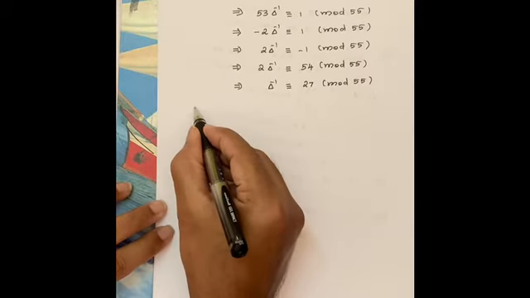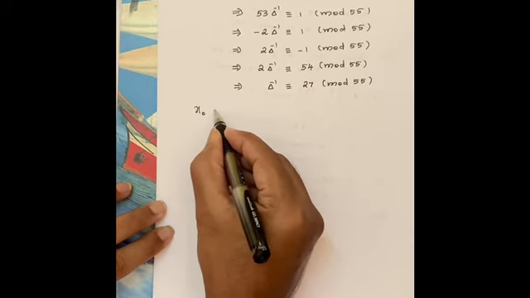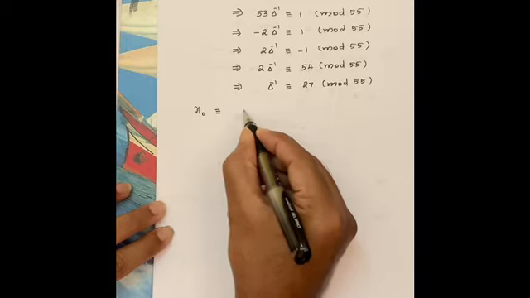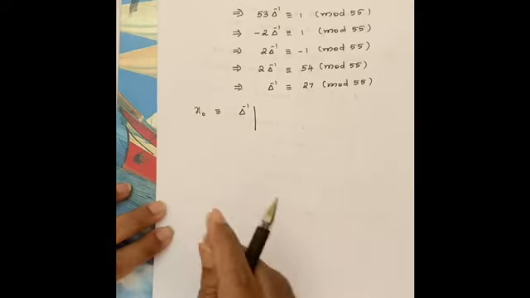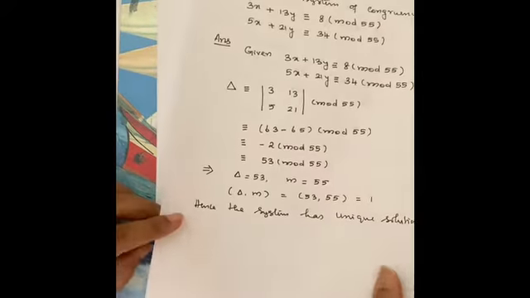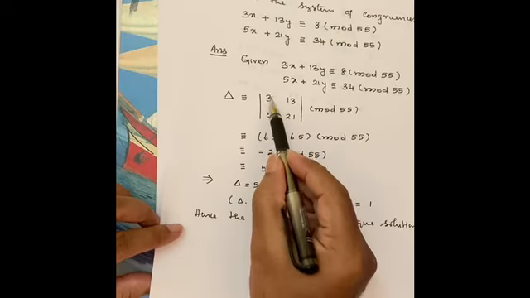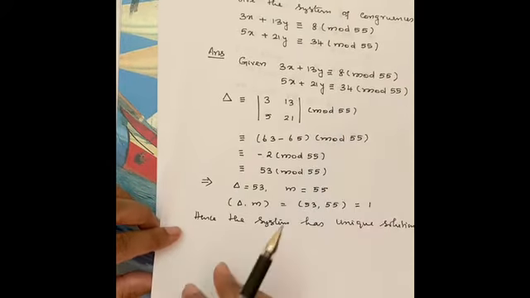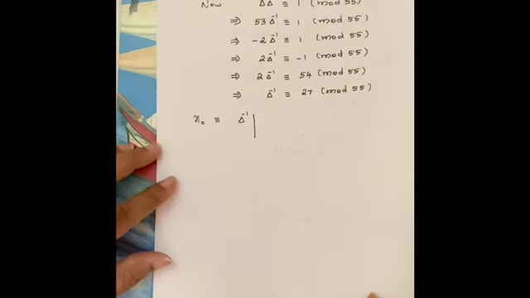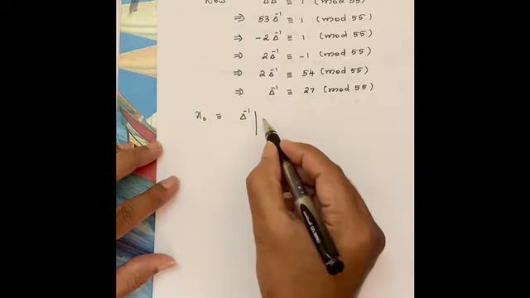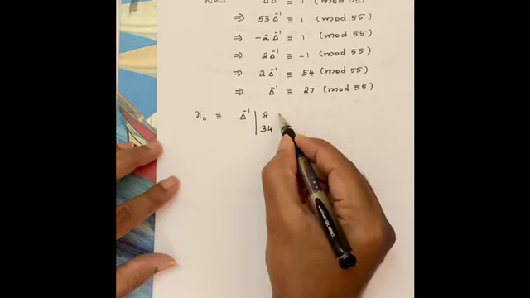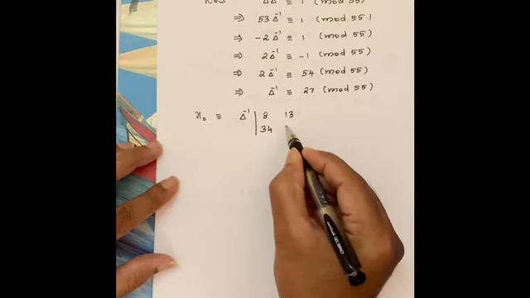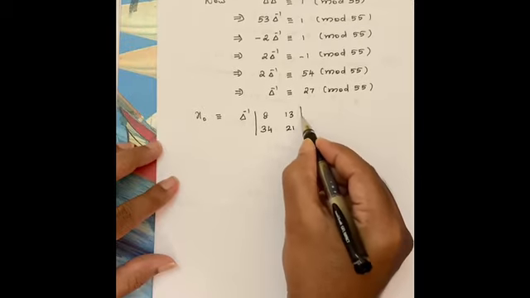Now what is x naught? Like Cramer's rule you have to recall, x naught congruent to delta power minus 1 times the determinant. How to see? In the first column I can write the right hand side, 8 and 34. Second column no change, the y column 13 and 21.